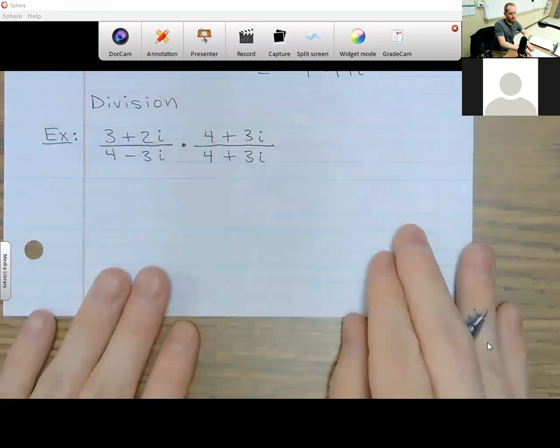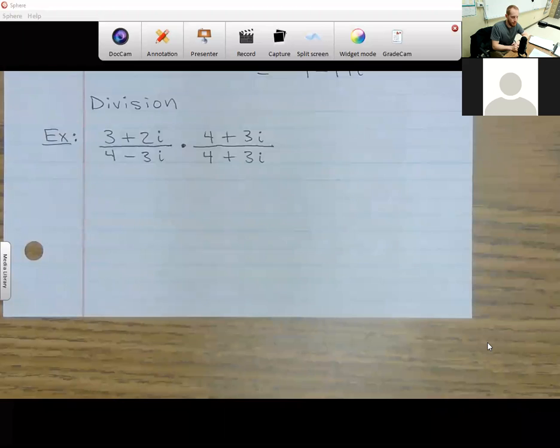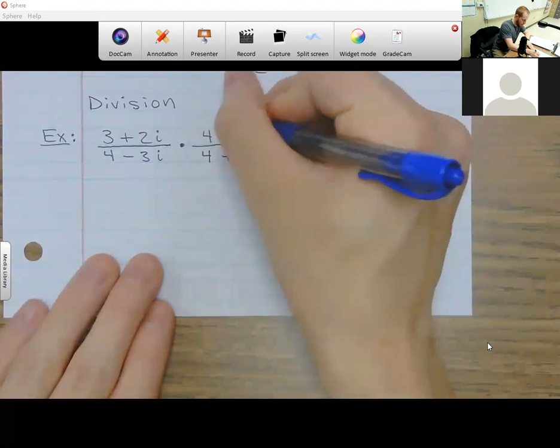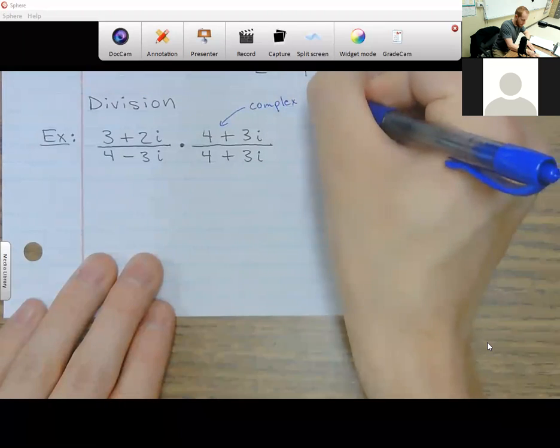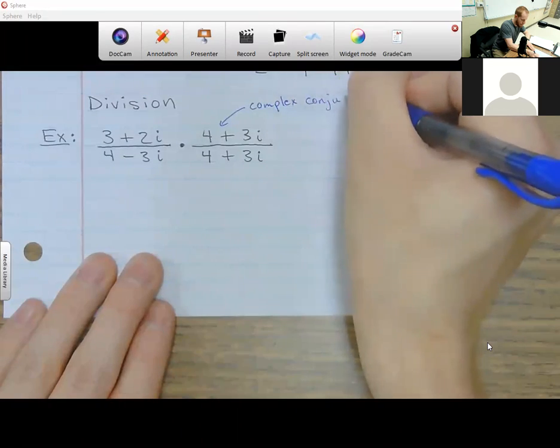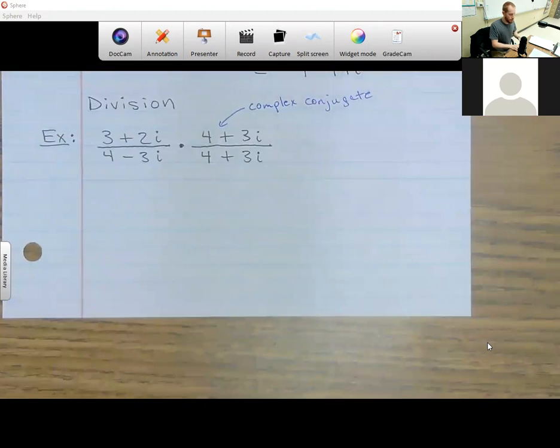So notice how I have the same thing on the top and the bottom. That's good. That's because I'm actually multiplying by 1. That's the secret. I'm multiplying by 1. So this is the complex conjugate. Go ahead and write that down so you don't forget it.